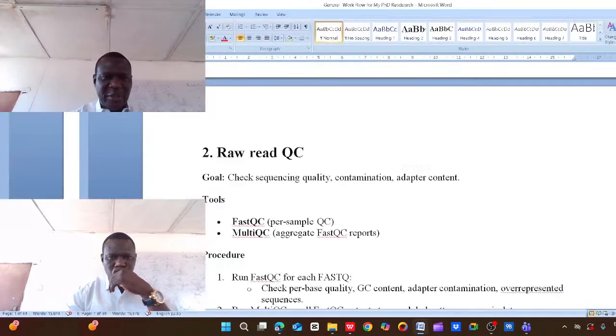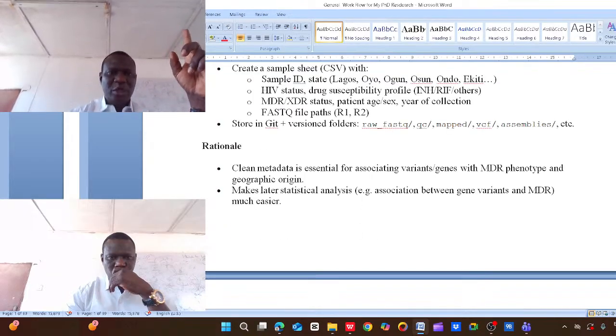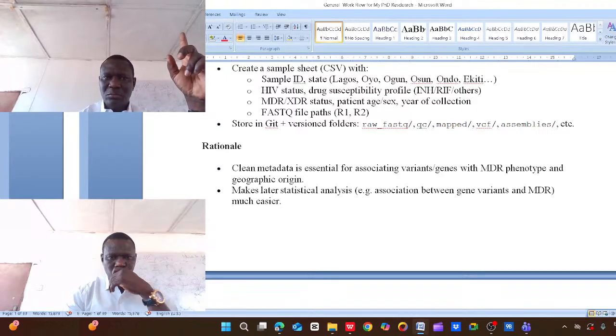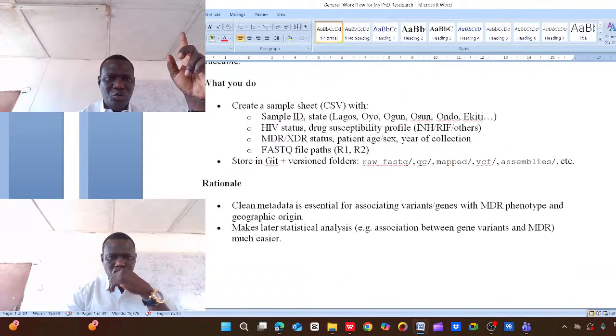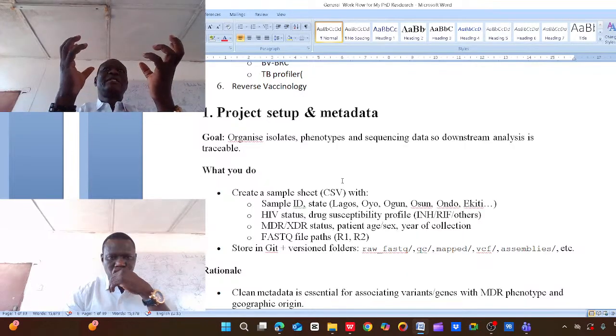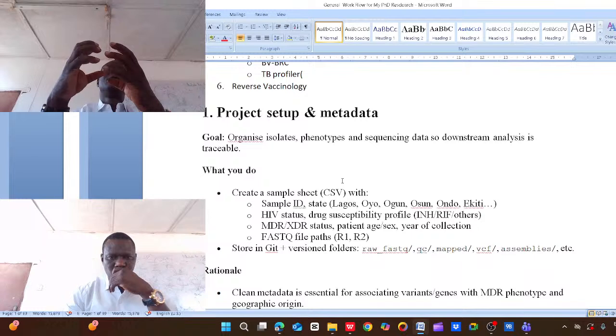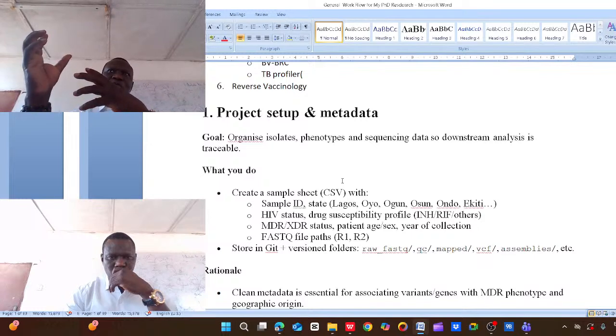Let me first of all highlight the steps that I want to do. Number one, the project setup. I told you that the whole genome sequencing is going to come out in form of FastQ.